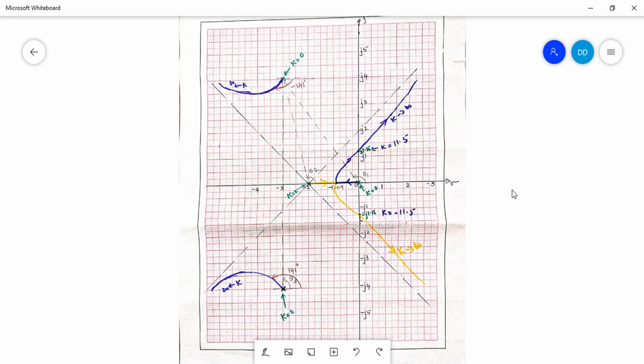Similarly, with an angle of plus 141 degrees, mark the branch which starts from minus 3 minus j4 and travels to infinity at an angle of 225 degrees.